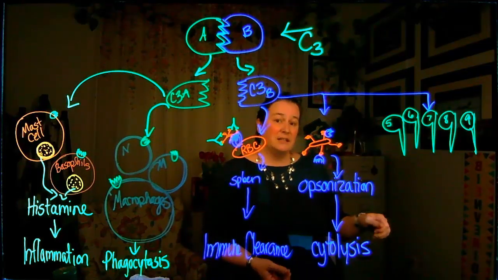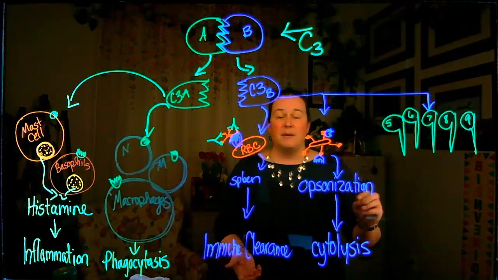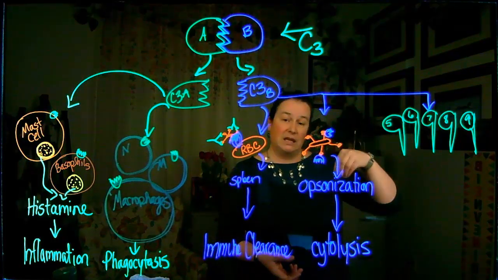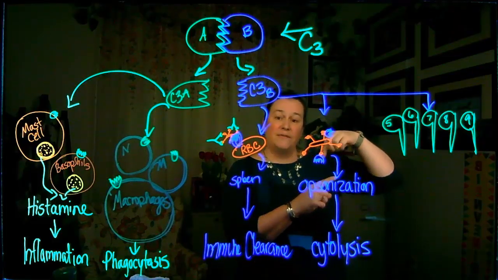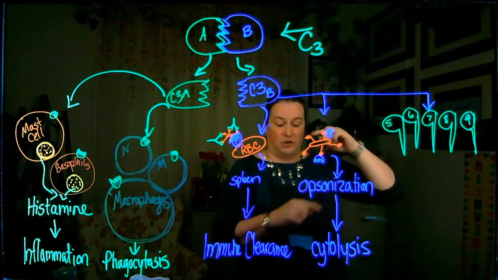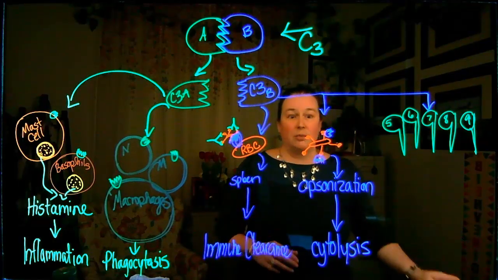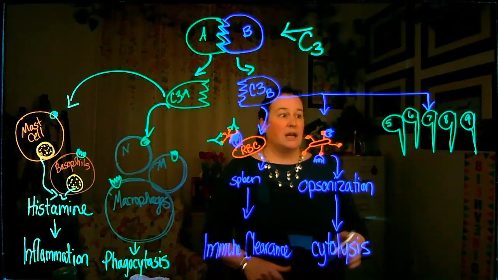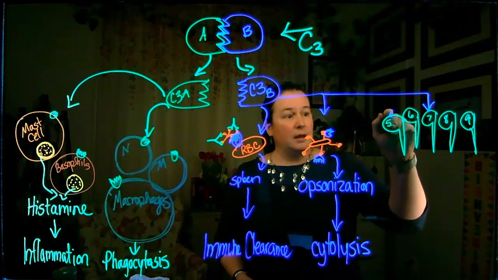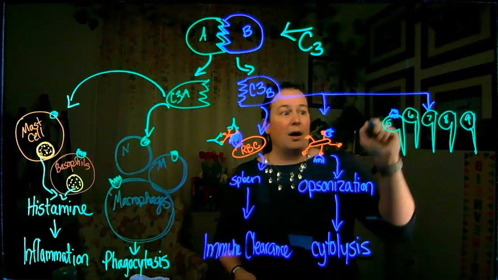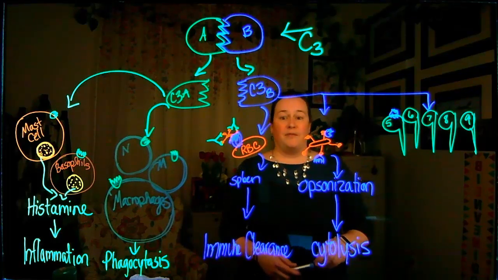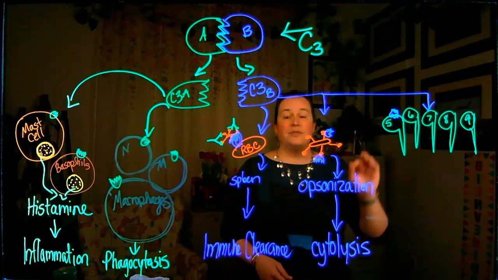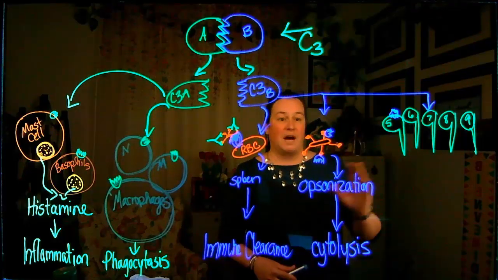These, when activated, have the ability to be driven into a plasma membrane, and they drive themselves in a circular fashion. So essentially what happens here is that complement C3b binds to complement C5. And when complement C3b binds to complement 5, that's the signal that it's time to activate complement 5 through 9.